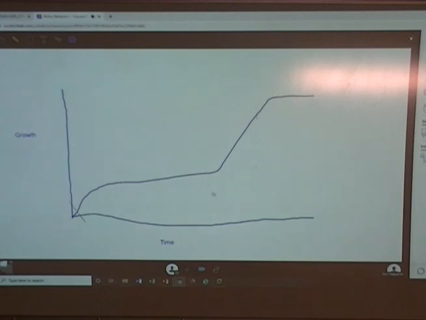Okay, so here is puberty. So this is going to occur at a different time depending on whether the baby is a boy or a girl. All right. This is year 1.